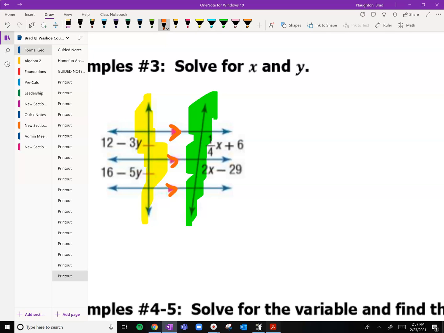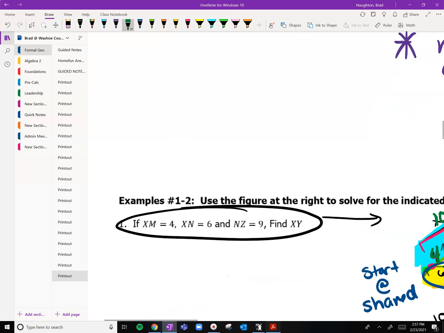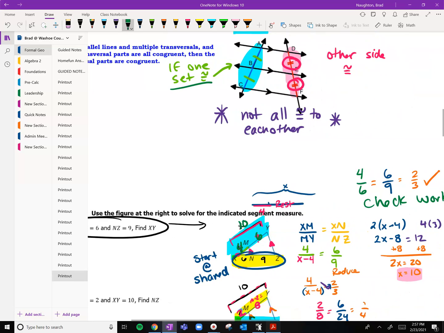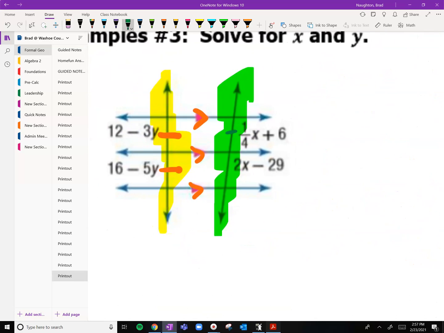But on this side, we notice boom, boom, that those are congruent. So that means by our lovely corollary number 2, that if one set is congruent, then the other set is congruent. So I can go ahead and say, boom, that these are the same as well.